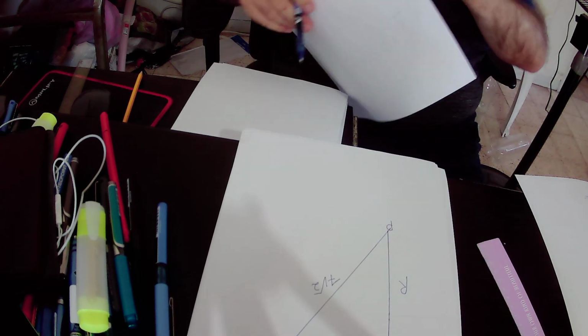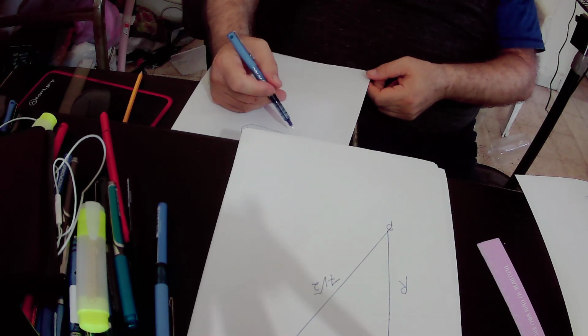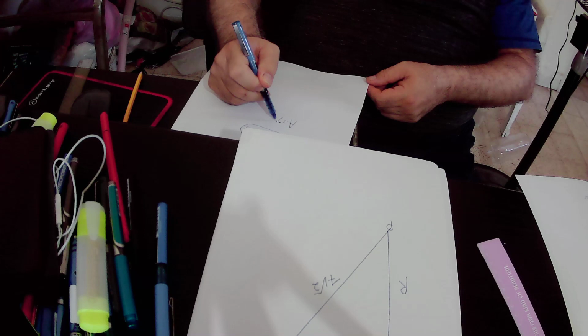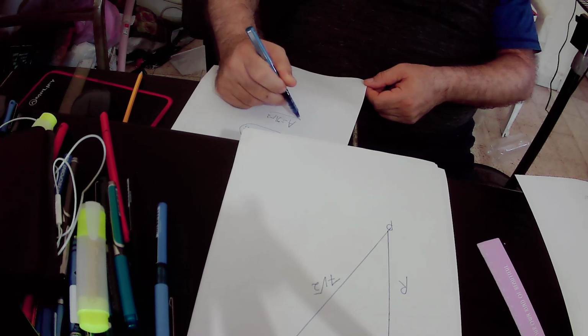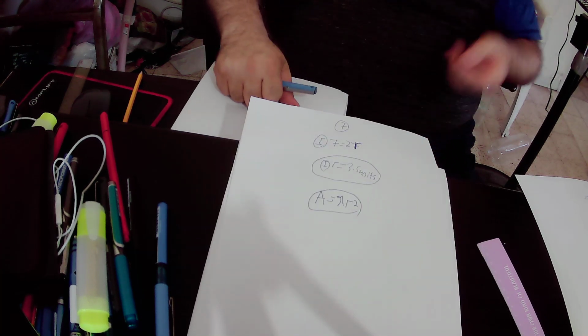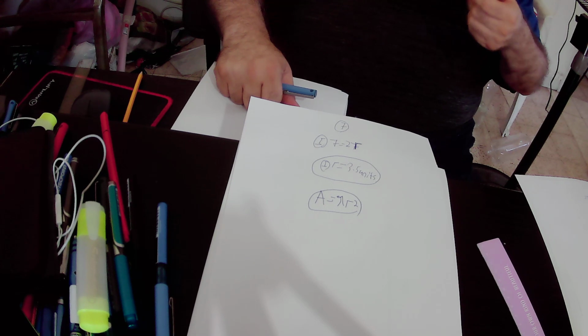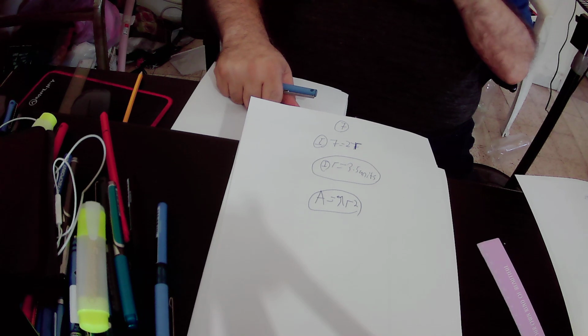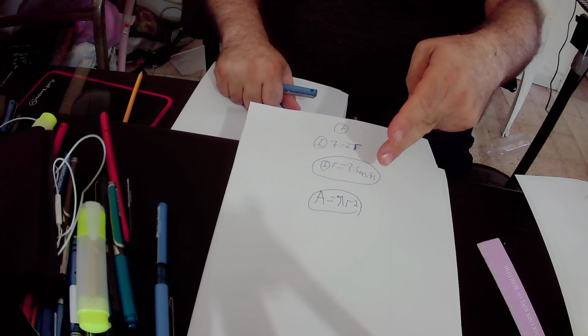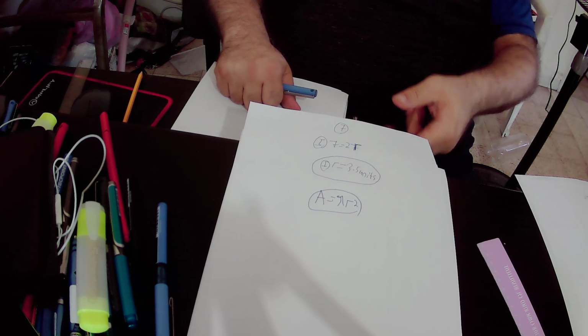And we have the formula for the area of a circle. The area of any circle equals pi times r squared. R is the radius of the circle, but we know that the radius equals 3.5 units, so we can substitute r by 3.5 units.